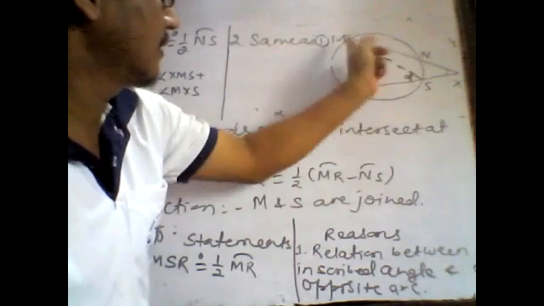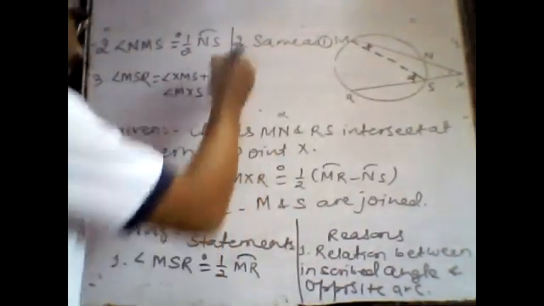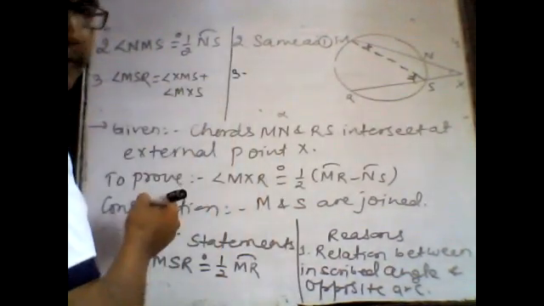XNS, this angle, plus MXS. What is the reason?